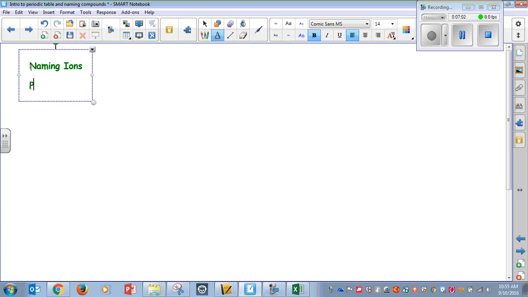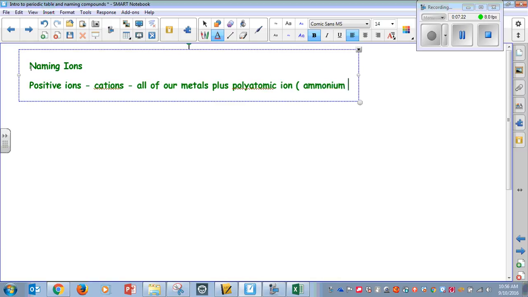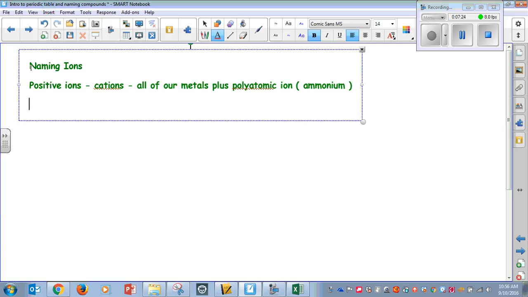We call positive ions cations, and cations are all of our metals plus the polyatomic ammonium. Now there's a phrase I haven't mentioned yet, polyatomic. Ions are of two kinds.